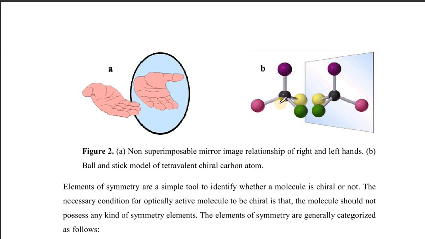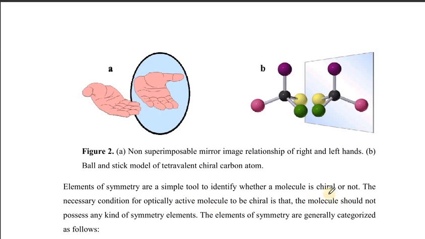Similarly, this is a ball and stick model of a tetrahedral chiral carbon and its mirror image, and these two are non-superimposable. So any optically active compounds are non-superimposable mirror images of each other.